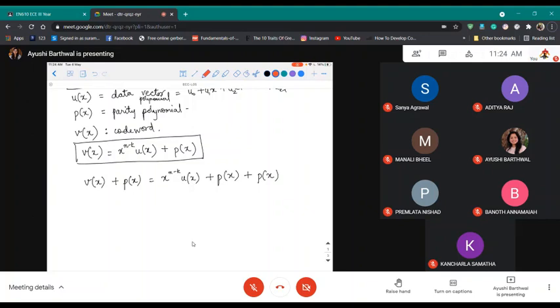Since p(x) and p(x) are common, their addition will be 0. So we will be left with this equation. Now divide both sides by g(x) and take the remainder.